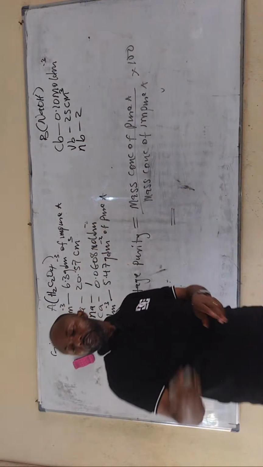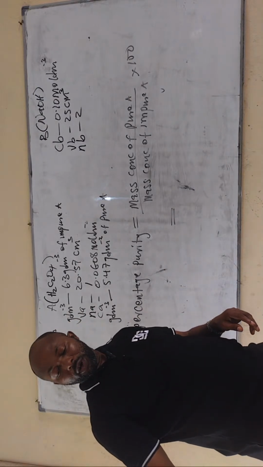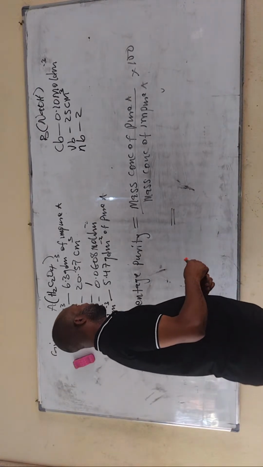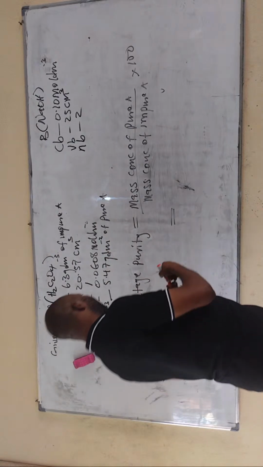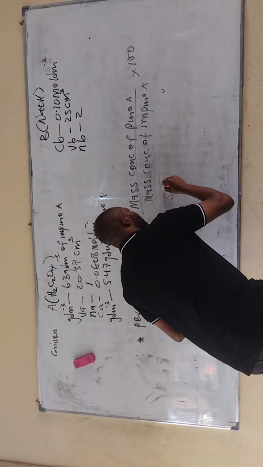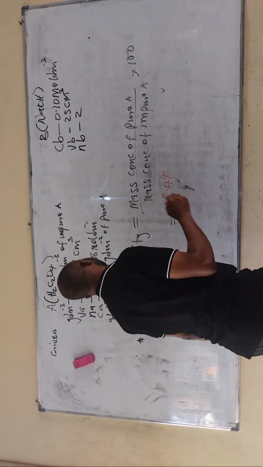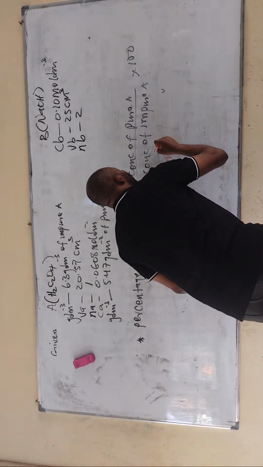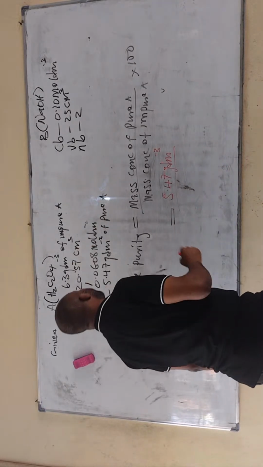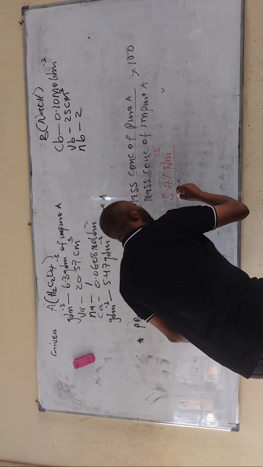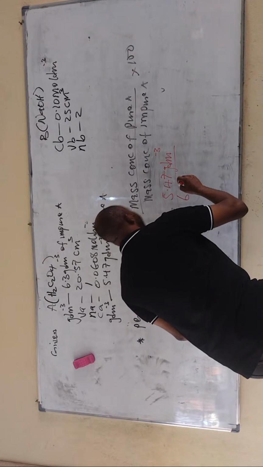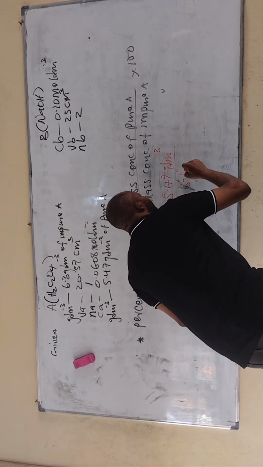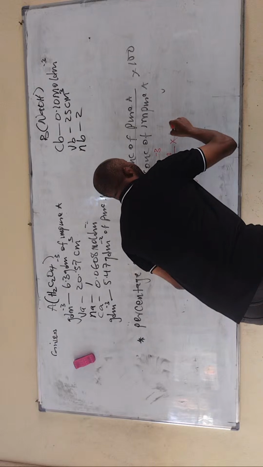And the mass concentration of pure and impure, that of pure is 5.47 g/dm cube. That of impure is 6.3 g/dm cube, times 100.